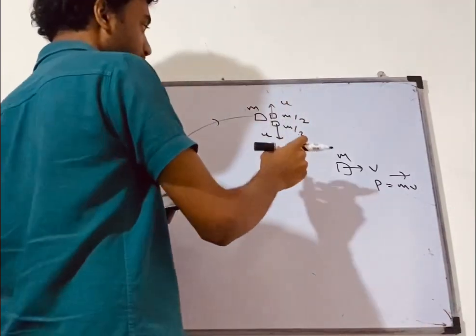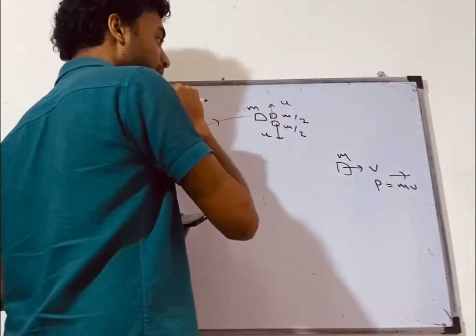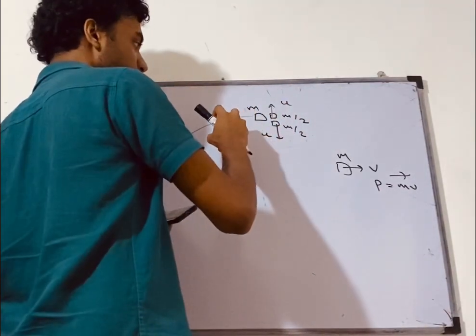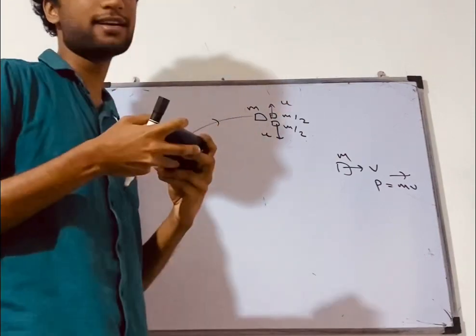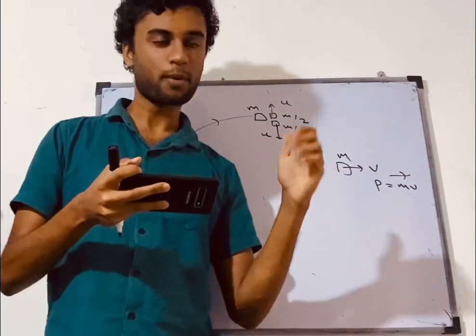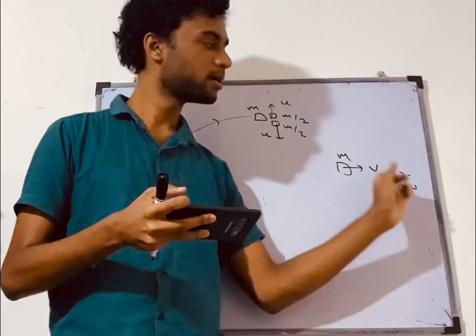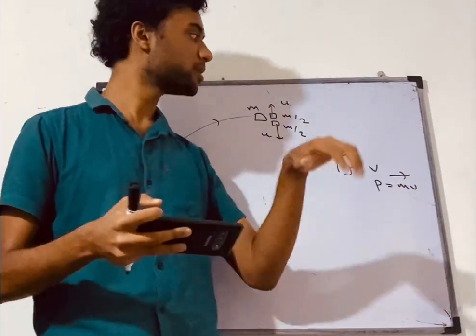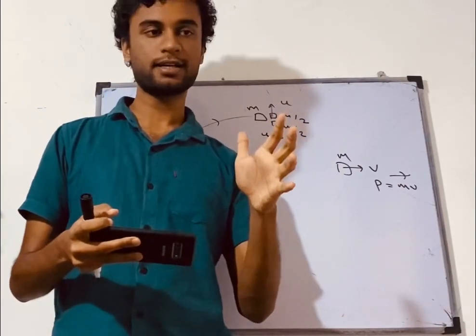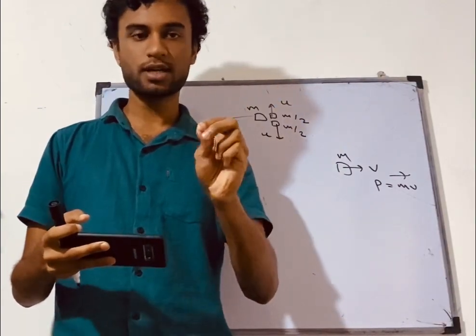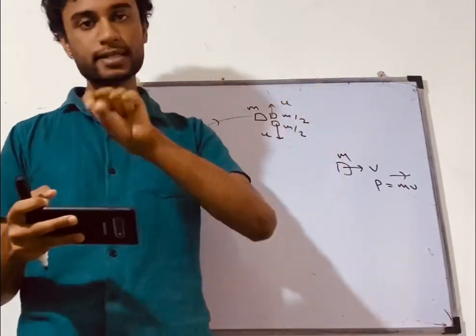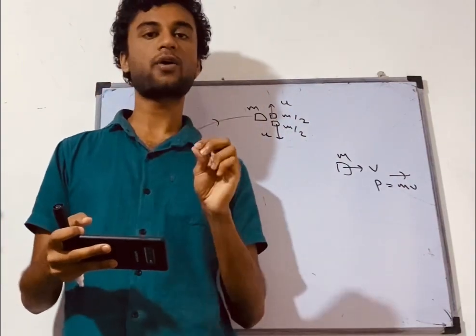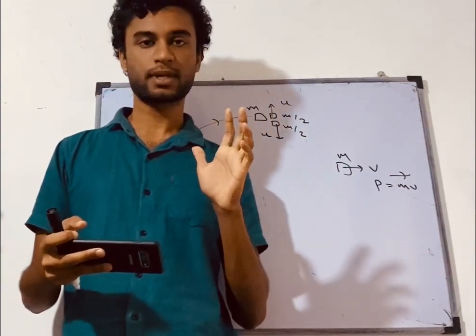Right. Okay. But also, before the explosion, the momentum is equal to mv, right? After the explosion, the momentum should still be mv, because momentum cannot change, because momentum is conserved. Why is momentum conserved? Because there are no external unbalanced forces.